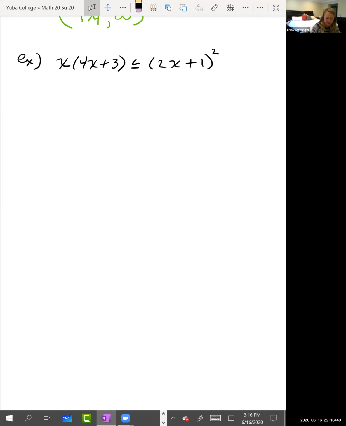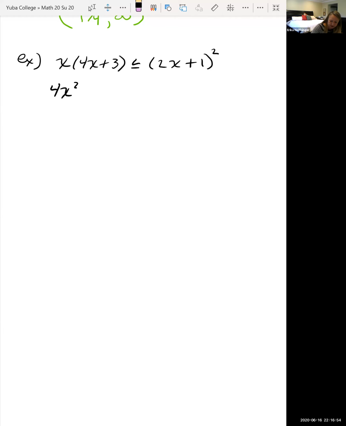Distributing the x inside the parentheses, we get x times 4x is 4x squared. Distribute the x to the 3, we get plus 3x. Is less than or equal to, well, that's 2x plus 1 times 2x plus 1.